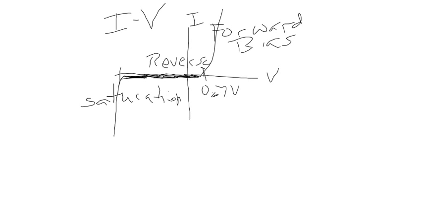If I'm dealing with an AC voltage, my regular 120 volts RMS, that has a peak voltage of 170. So this would be a plus 170, and then that'd be a minus 170.